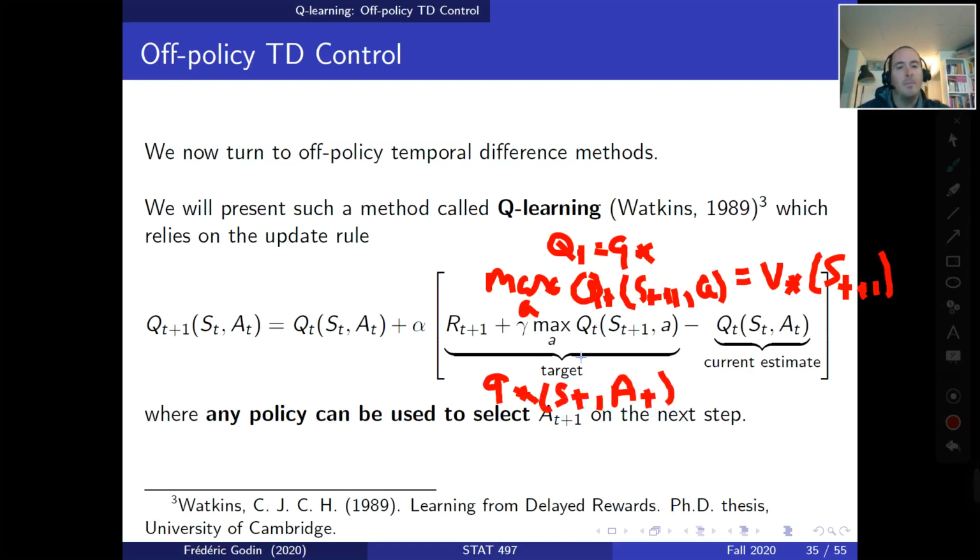So if you had a perfect estimate of Q_t, then the expectation of this would be the optimal value function. So this would be an unbiased estimate of the true value function, and this update rule would push your current estimate of the action value function towards the true value function. Okay, so this is the justification for why we select the action maximizing this quantity.